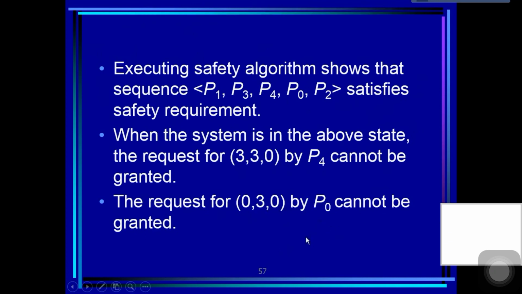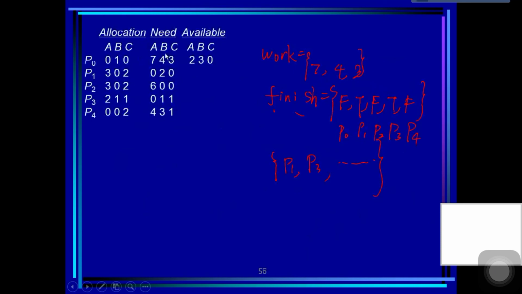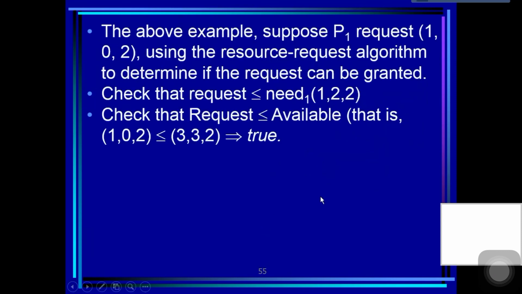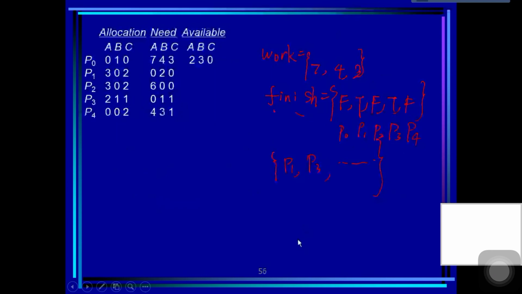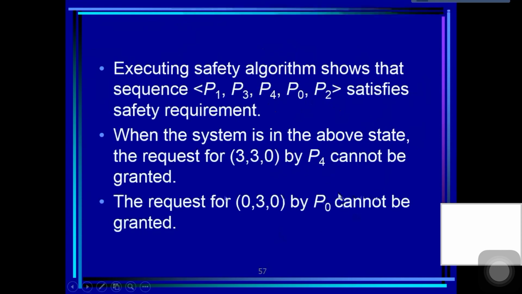Though its request is smaller than its need and also smaller than available, if we satisfy it, then the available will change to 200, and we can see it cannot satisfy anyone's requirement. So the system will change to an unsafe state. So we cannot satisfy P0.